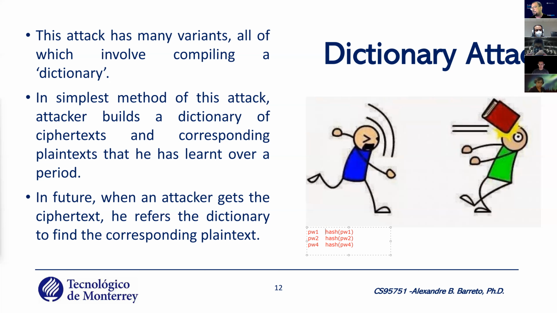It's not exactly a complete brute force, but the dictionary simplifies the brute force because it decreases the number of trials you need to perform to discover the password. Did you understand? Any questions? Yes, we understand. Okay.